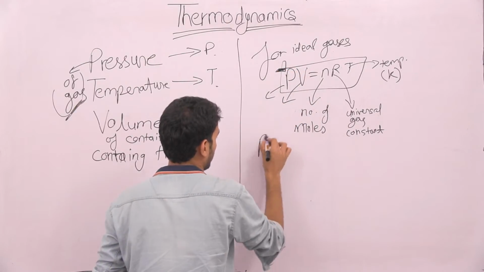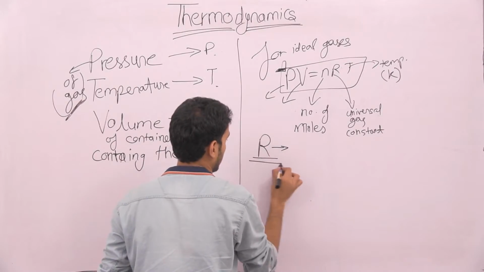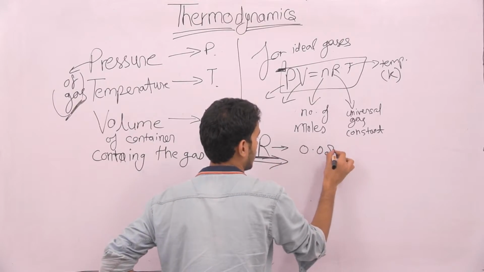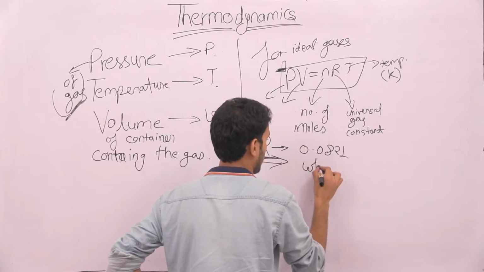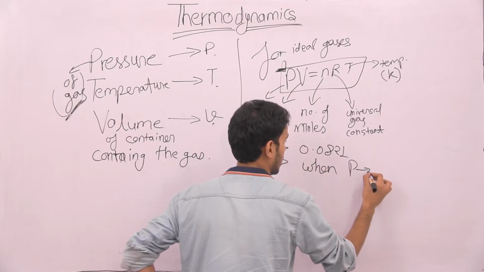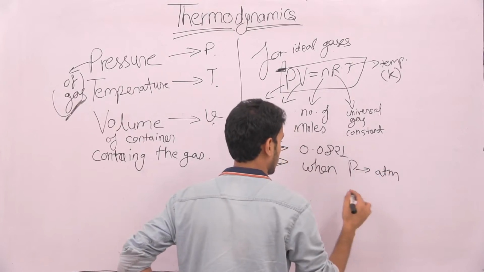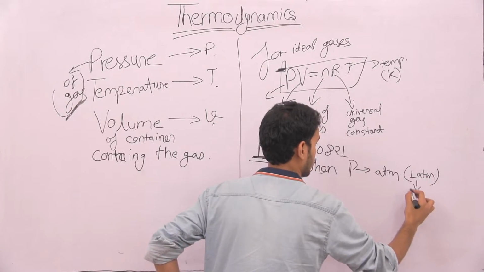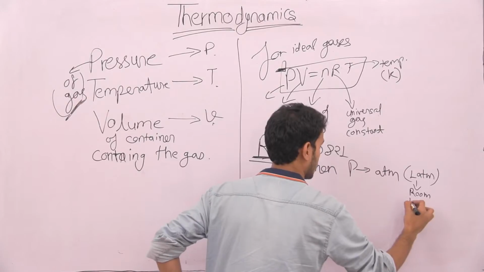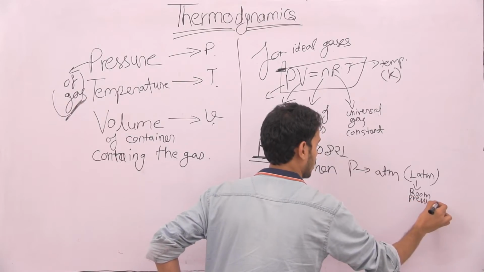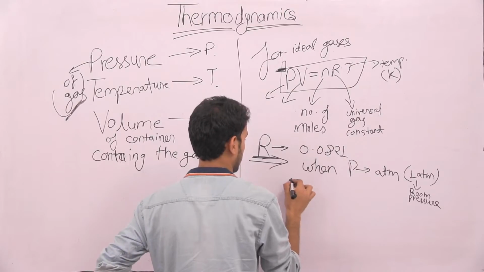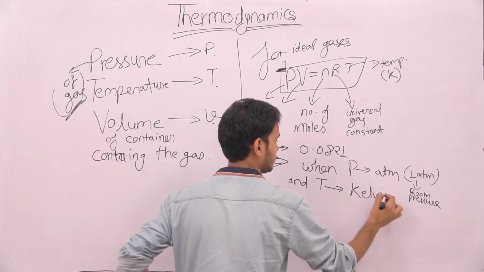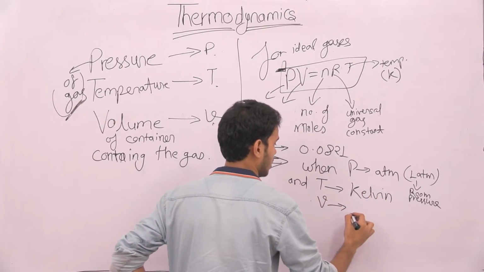And if we talk about R, it is a constant and its value is 0.0821 when pressure is in atm, atmospheric pressure, which is 1 atm, room pressure, and temperature in Kelvin, and volume in liters.